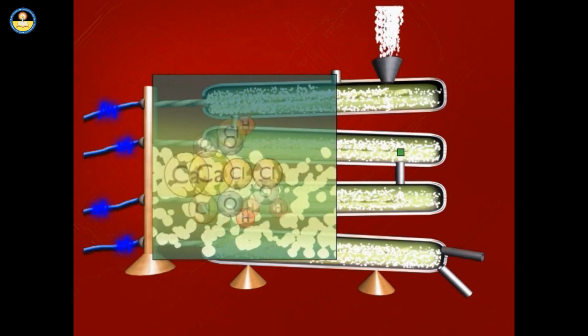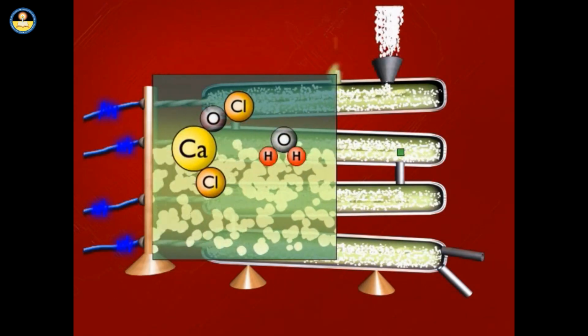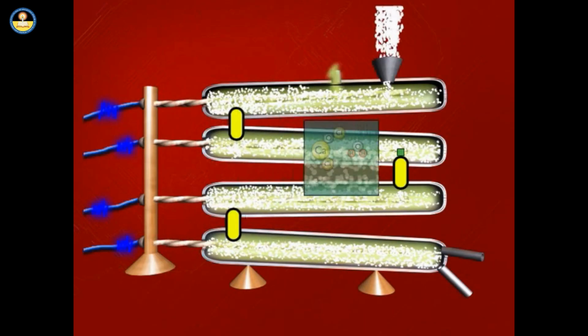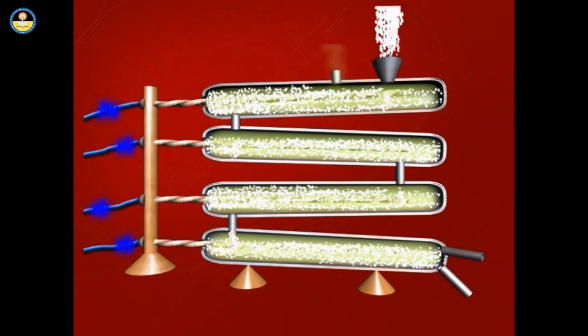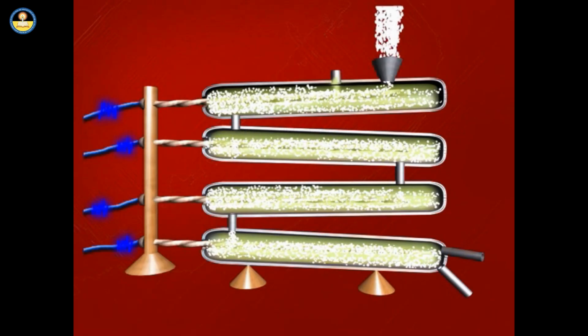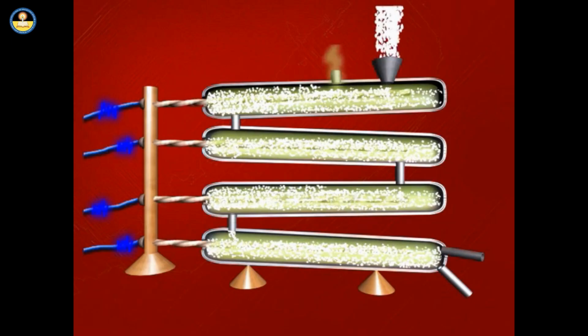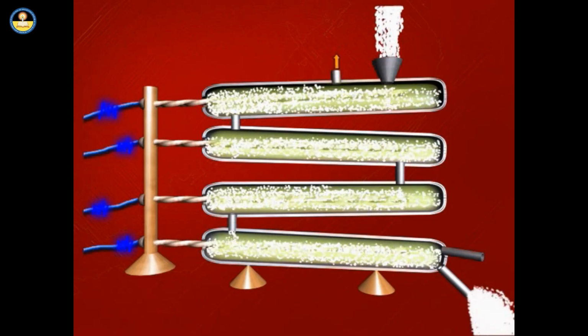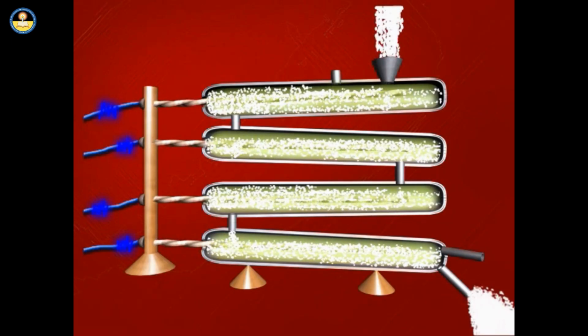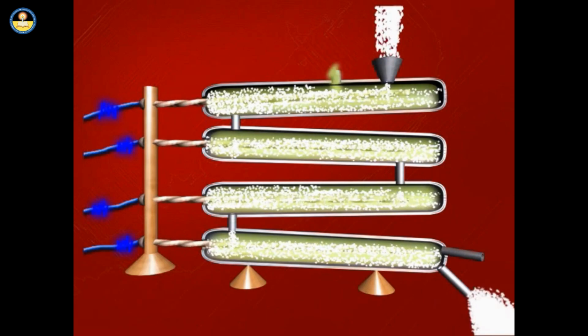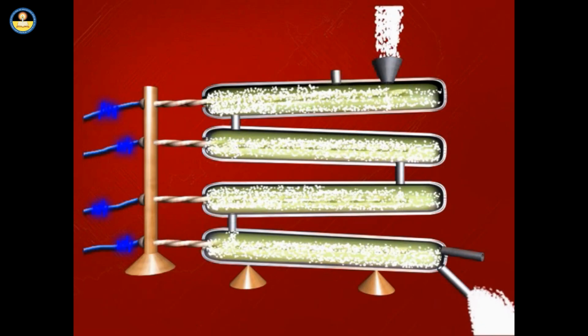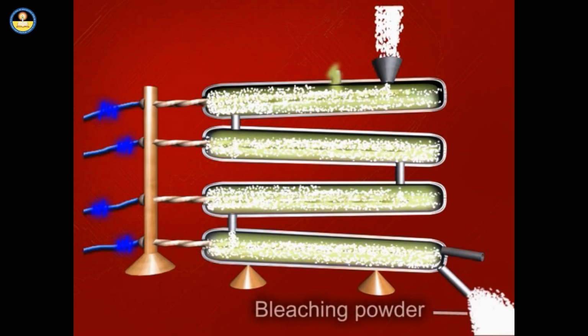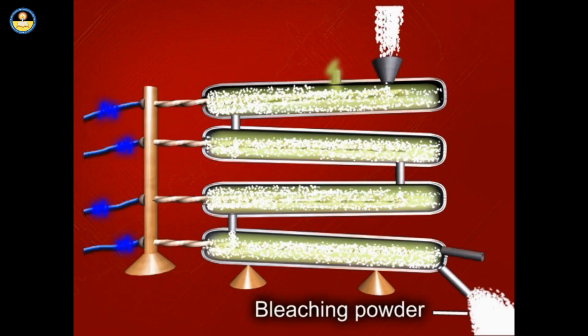Each cylinder is connected to the other by means of pipes. The slaked lime is introduced in the first cylinder with the help of the compressed air. Chlorine gas is introduced from the lowermost cylinder. When proper saturation is reached, the product is separated from the last cylinder as bleaching powder.